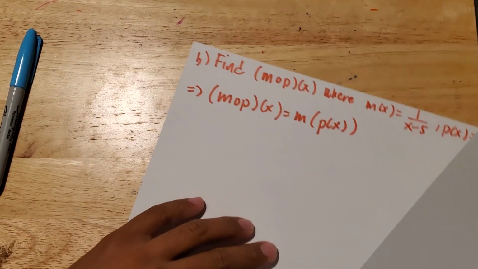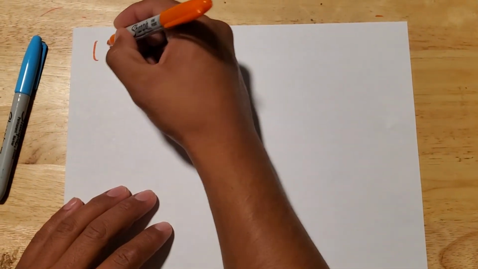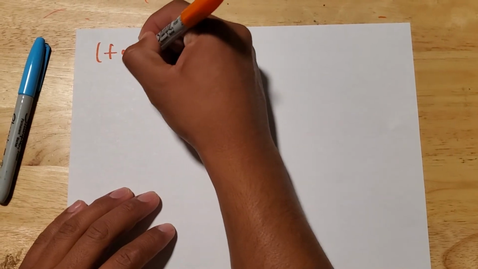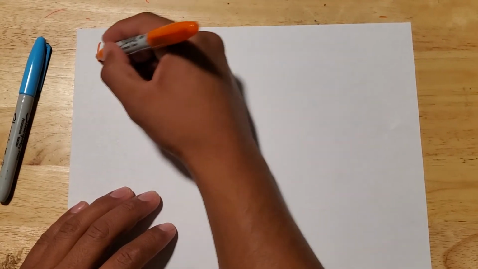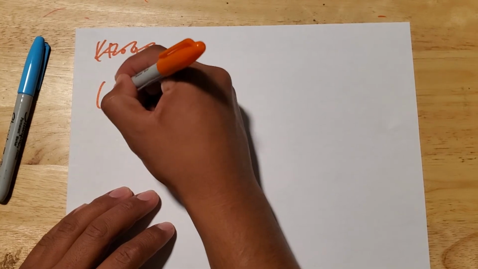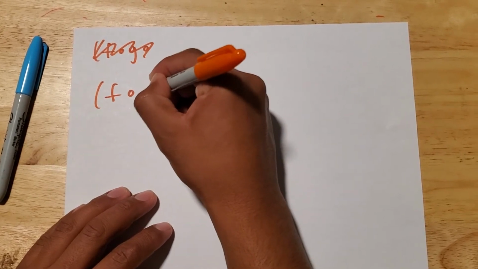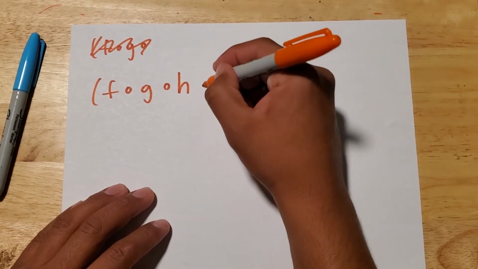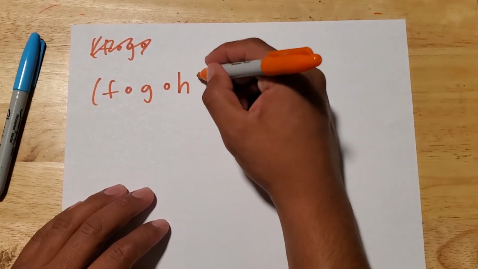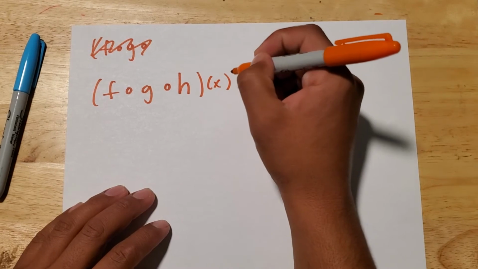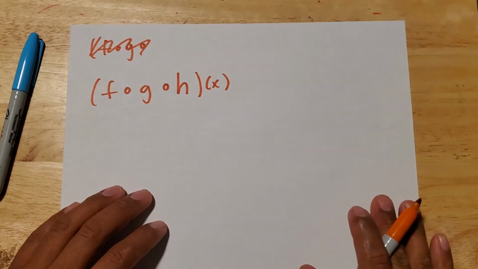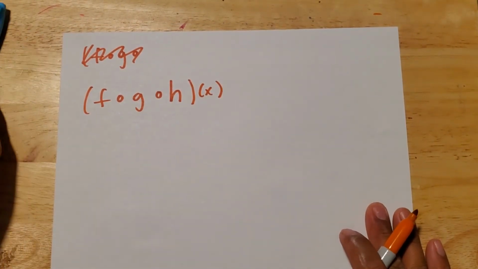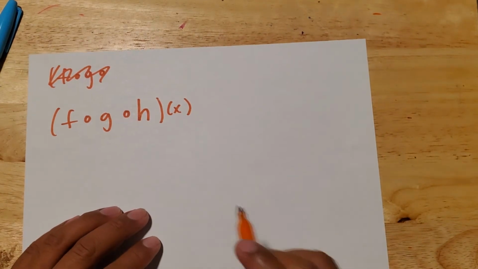Let me move this for a second. Sometimes you can be dealing with f of g of h of x. Again, it doesn't always have to be 2, it could be 3, 4, or 5, depending how many you want to plug into each other.